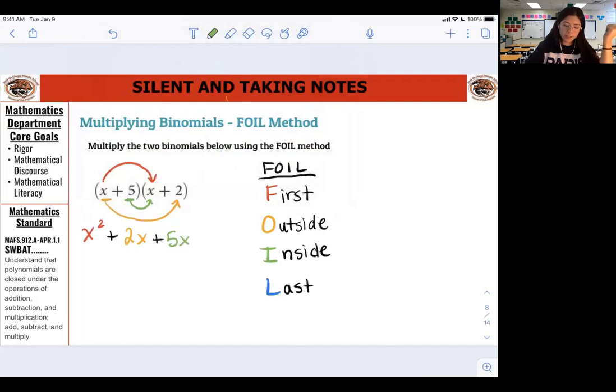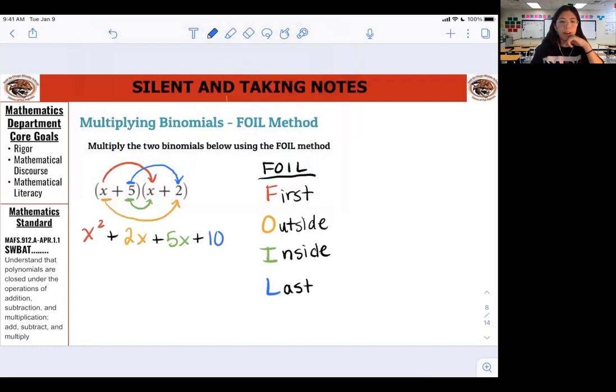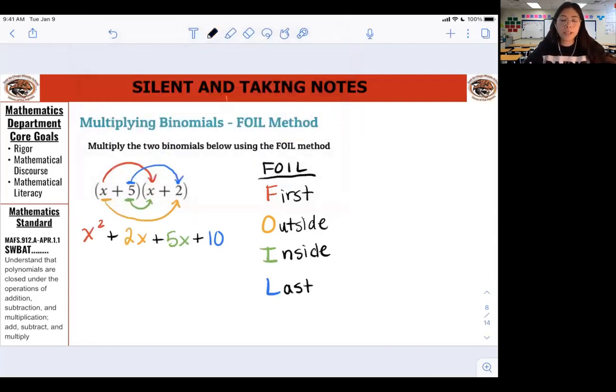And then last just means I'm taking the last 2 numbers, so the 5 and the 2. 2 times 5 is 10. So there we have it. We have x squared plus 2x plus 5x plus 10.